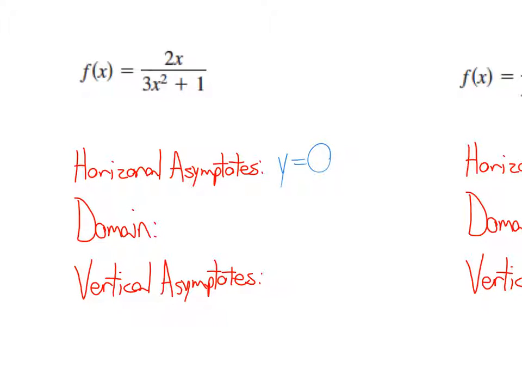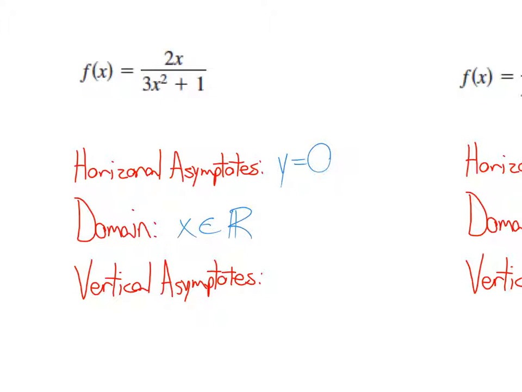The square root of minus 1 over 3. Is that a real number? No. So we could say that our domain is all real numbers. X is an element of the real numbers.